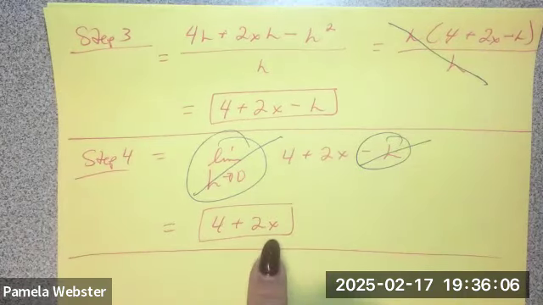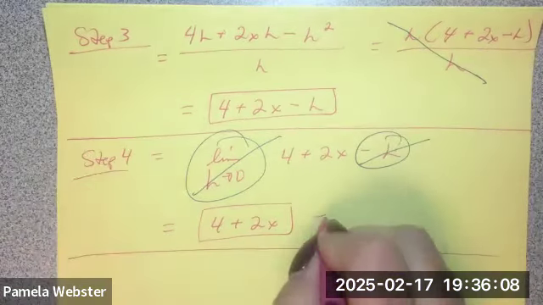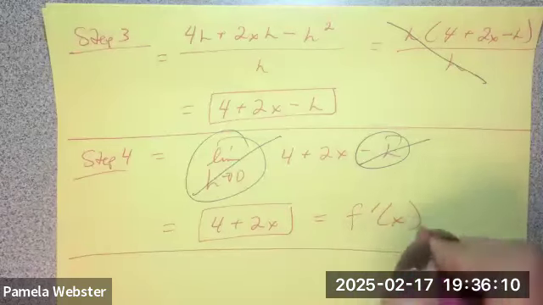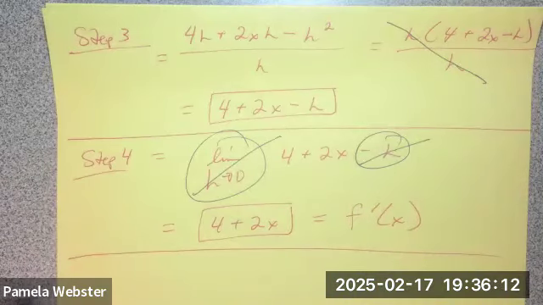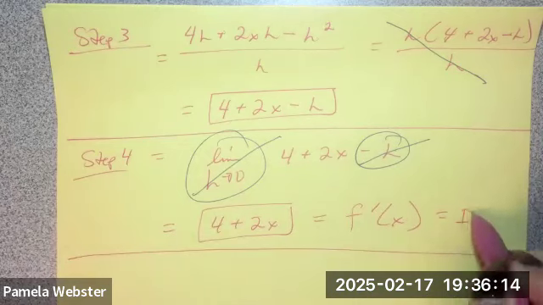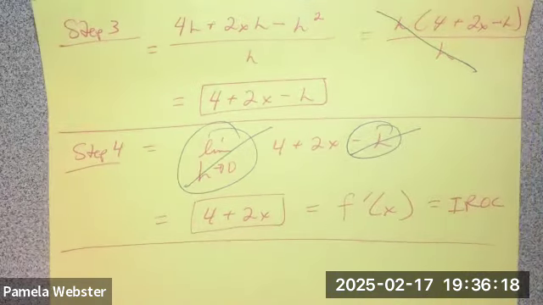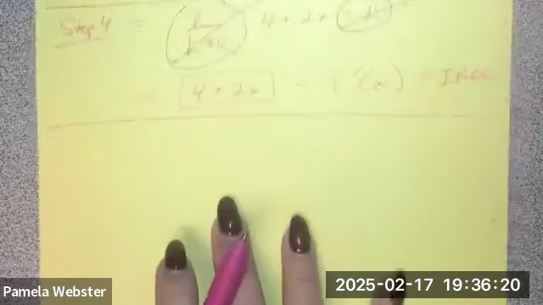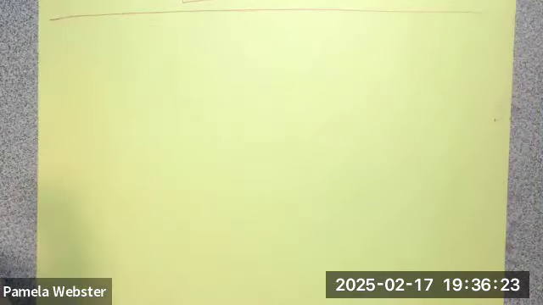I get 4 plus 2x, and this is my f prime of x, or my derivative, or my instant rate of change. All of that goes together. So if you need to go through that a little bit more in depth, pause the video, rewind, whatever you need to do so you can see all of that. Okay, so that's the idea of what's going on behind that.